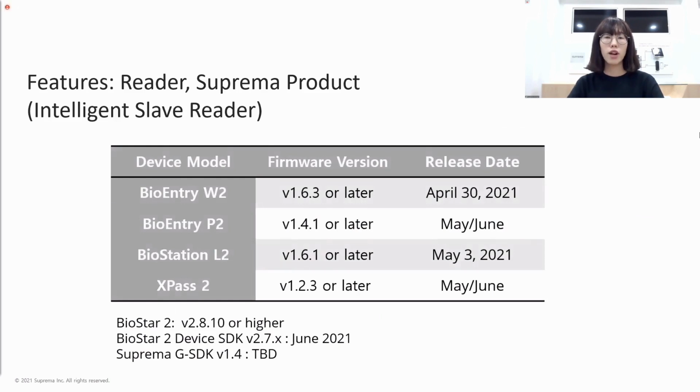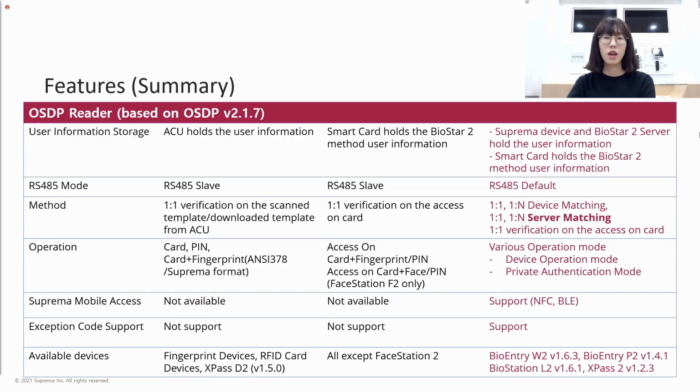Currently, only the following devices are available through the latest firmware. Other models are not scheduled. For reference, the BioStar 2 device SDK and Suprema G SDK will support the related device setting function in the next version. It might be a little complicated.